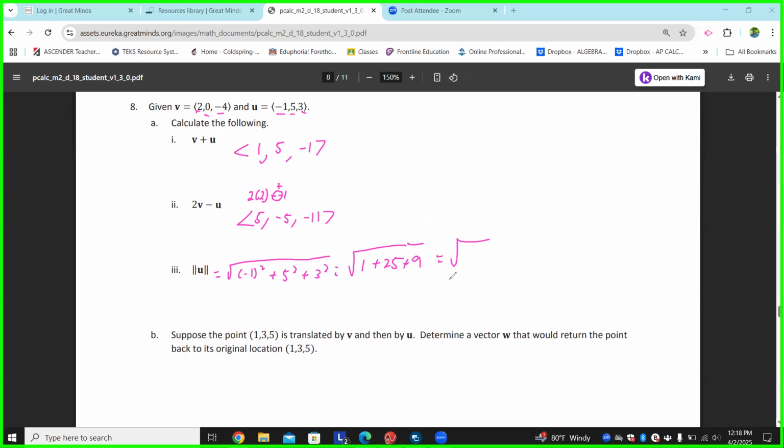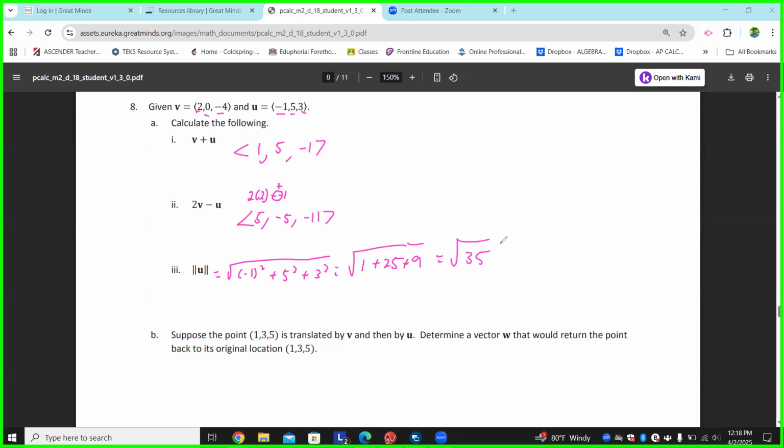Wait, what's up? Yes. My bad. 3 squared would be 9. Okay. And then 9 plus 1 is 10. 10 plus 25 is 35. Cool. That's what you did? Yeah, it just makes that number sense part, right? 35 can't break down. It goes to 5 and 7. Doesn't help me with anything. Questions on how to do the math?